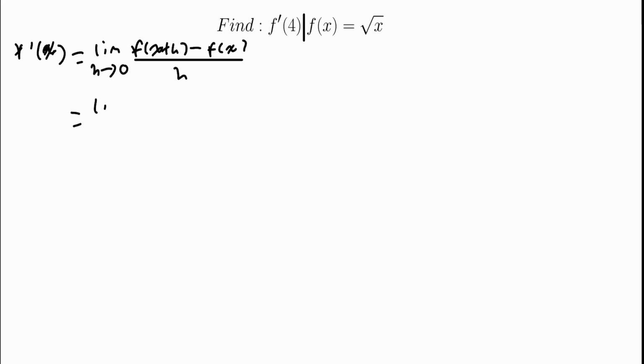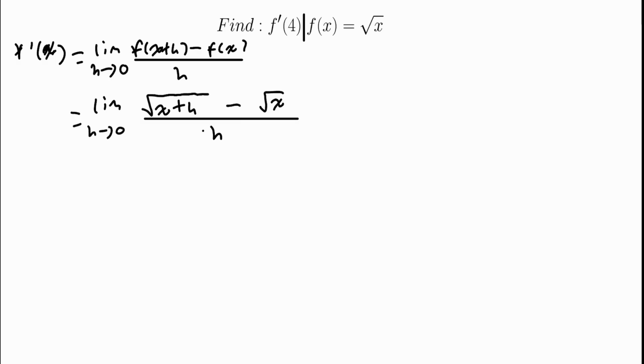And so this will be equal to the limit as h approaches 0 of the square root of x plus h minus the square root of x all over h. And so here we have 2 square roots over the numerator and a minus symbol.